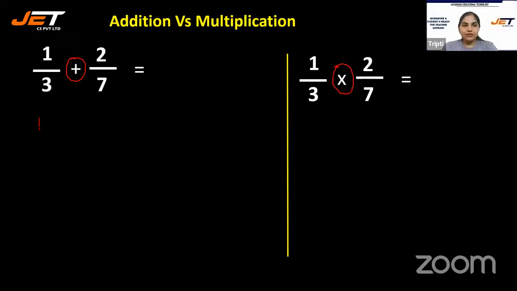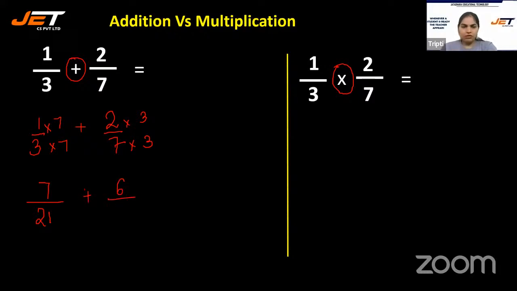So I'll do this question. 1 by 3 plus 2 by 7. I'm going to multiply the first fraction with the denominator of the second fraction and the second fraction with the denominator of the first fraction. So 1 times 7 is 7, 3 times 7 is 21, plus 2 times 3 is 6, 7 times 3 is 21.